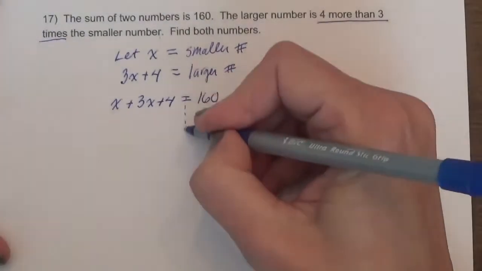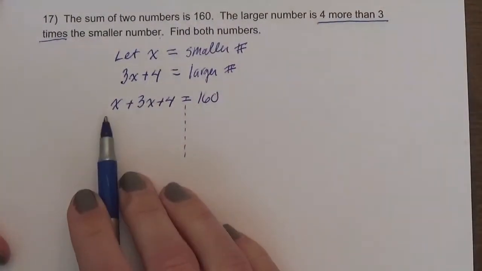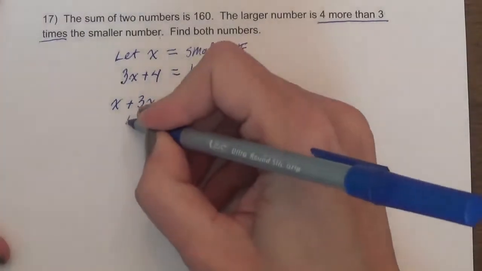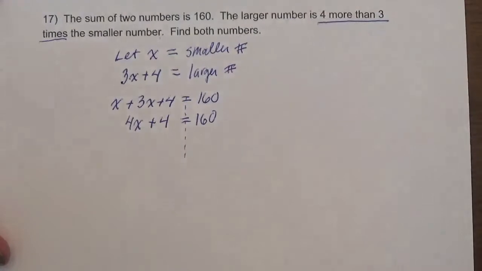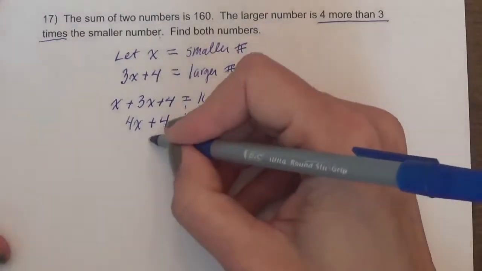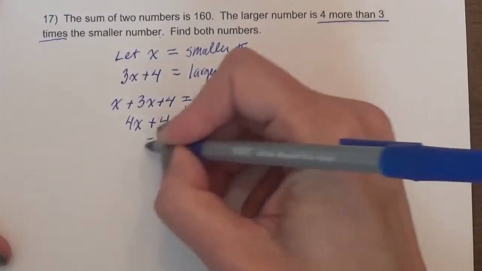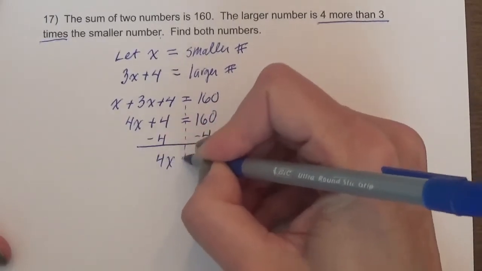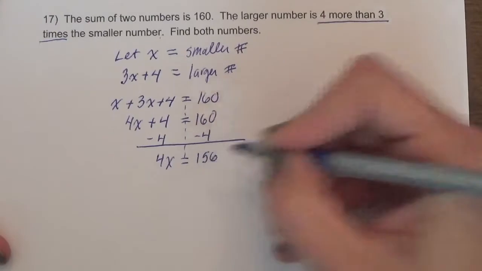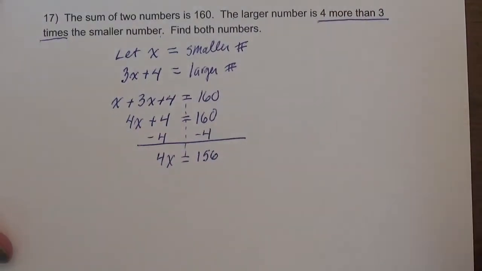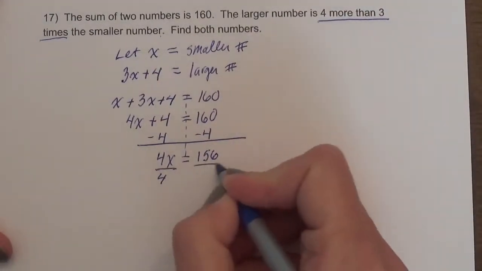All right. So we've got an x plus a 3x, that's 4x. And I'm going to subtract this 4, which brings me down to 156. And then I'm going to divide by 4.